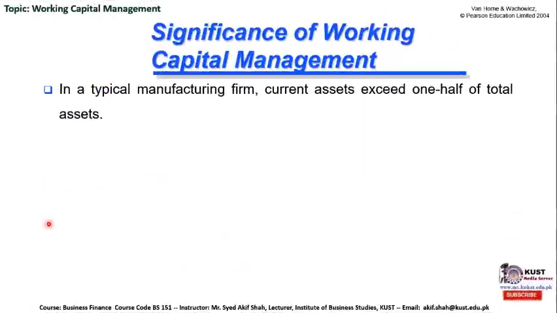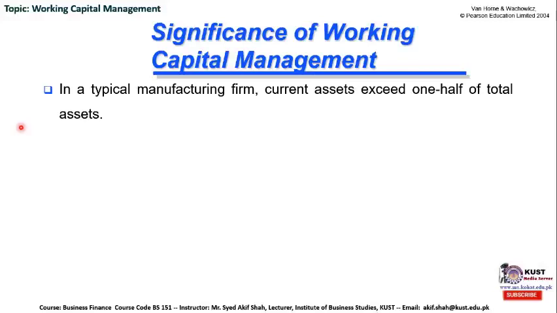Now let's discuss the significance of working capital management, like why it is important and what is its significance in a company. So in a typical manufacturing firm, the current assets exceed 1/2 of the total assets because the manufacturing company may have credit sales and it requires a larger level of account receivable, and as well the raw material or inventory level is quite higher in manufacturing companies in comparison to the services sector.